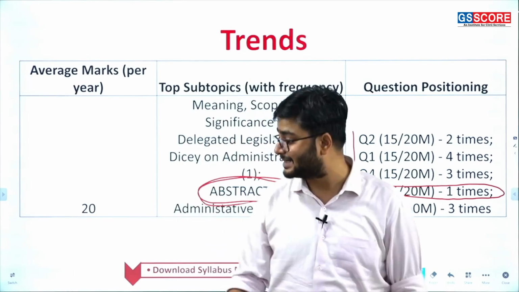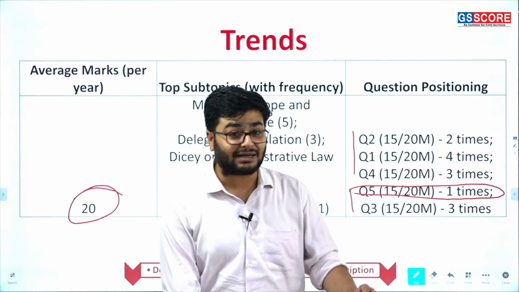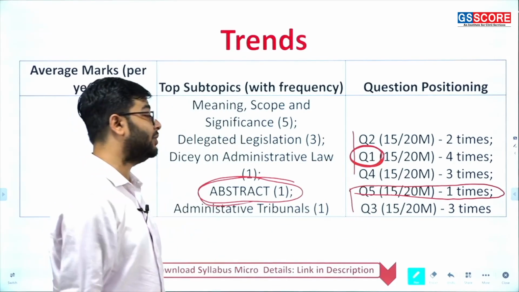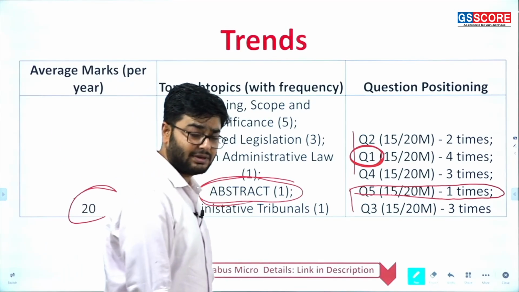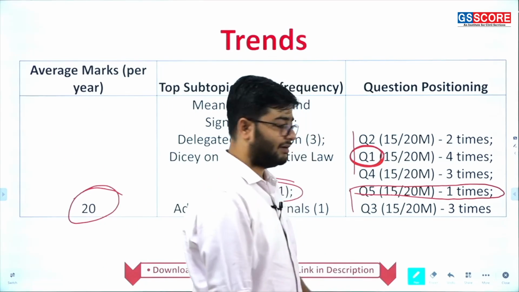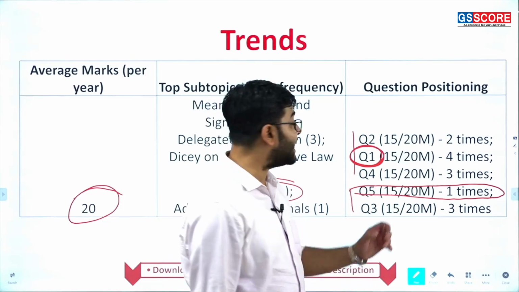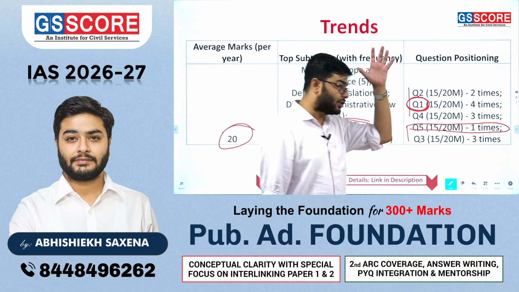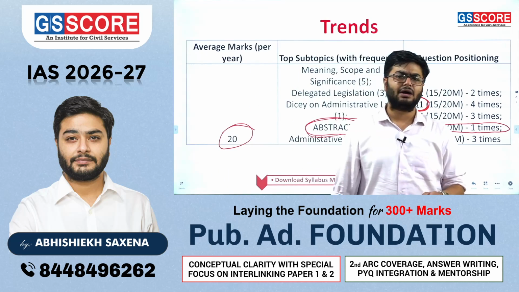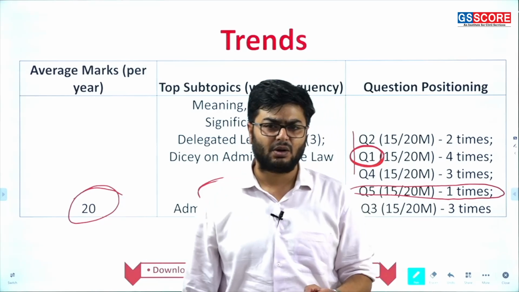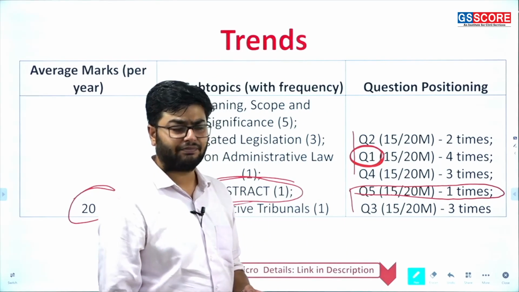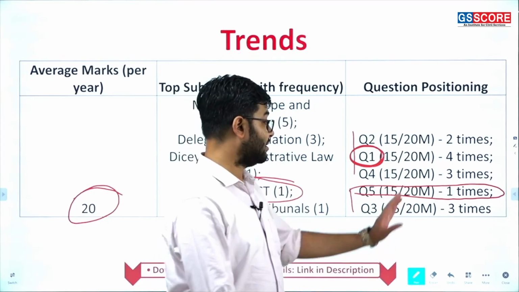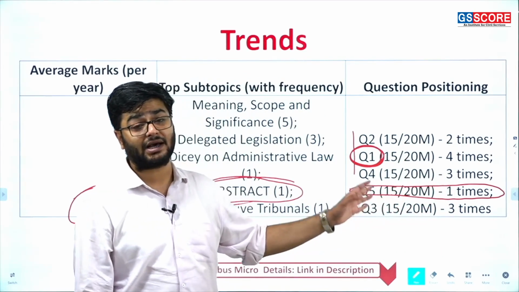Nonetheless, the footprint is less when it comes to the marks, but the way it is coming in question number 1, see, this is a key trend to be noted, that at least one question can fall from this particular unit, and that too in the compulsory one. So you can't leave it, but you can prepare it better based on these micro topics. They may seem a lot, but it's a very tiny unit, can be easily understood. Also, the high value area, the meaning, scope, significance can in a probable scenario take care of this unit for you, right?